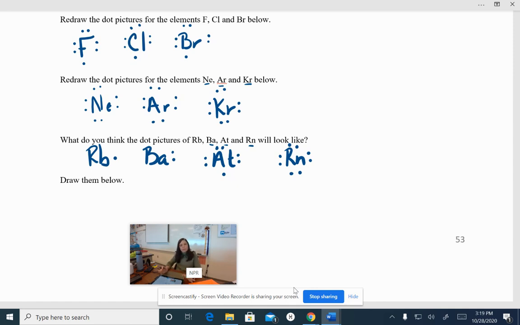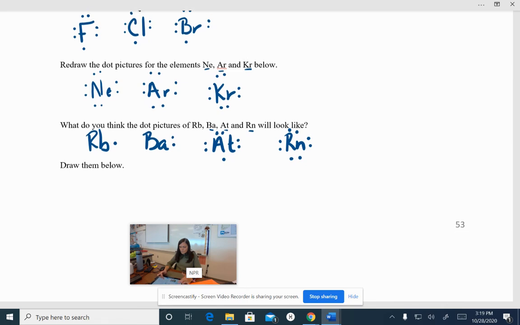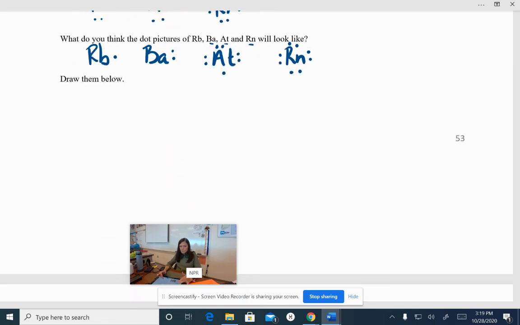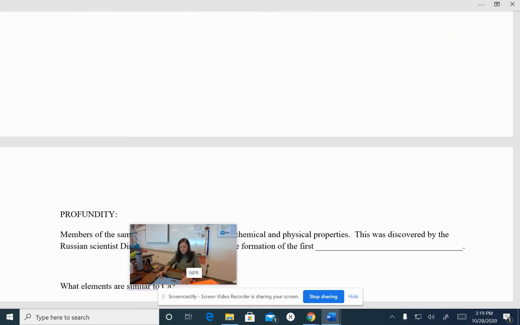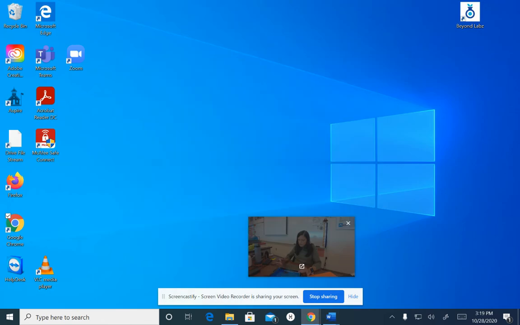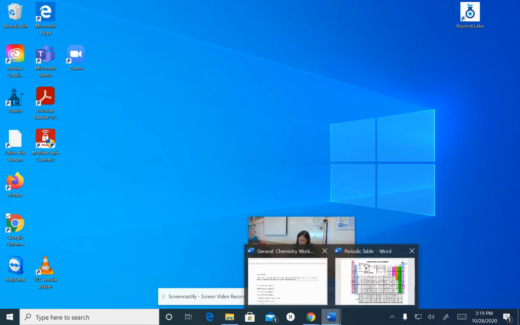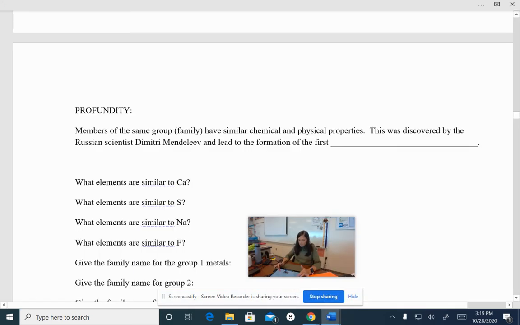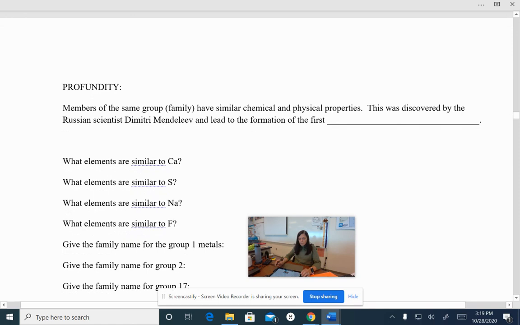Okay, now knowing the valence structure really helps us, especially when we start to write formulas and figure out formulas. Members of the same group or family have similar chemical and physical properties. This was discovered by the Russian scientist Dmitry Mendeleev and led to the formation of the first modern periodic table.